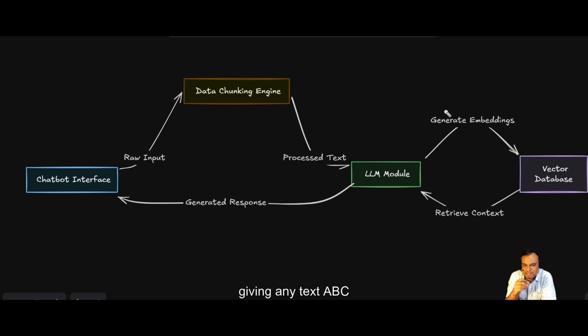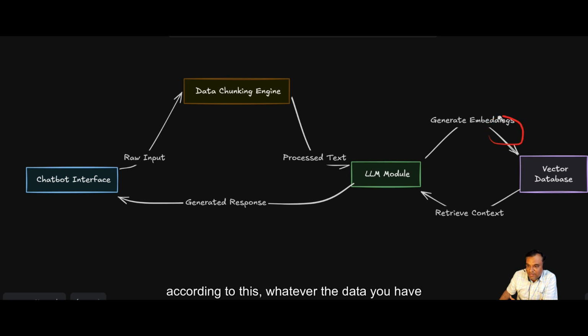Suppose you are giving any text ABC, it will convert it into 0s and 1s in a multi-dimensional model, and then it will go to the vector database, because the vector database stores only multi-dimensional format vectors. According to this, whatever data you are searching, the vector database will give those coordinates. That is called the retrieval context.